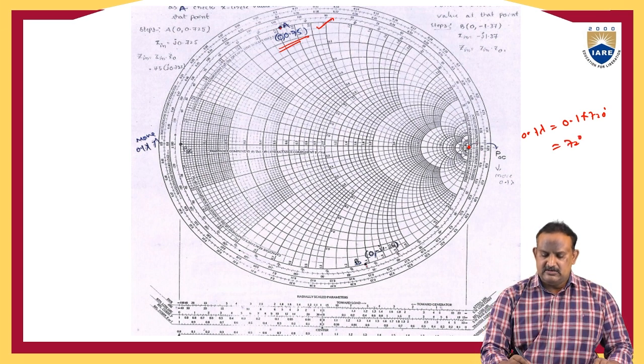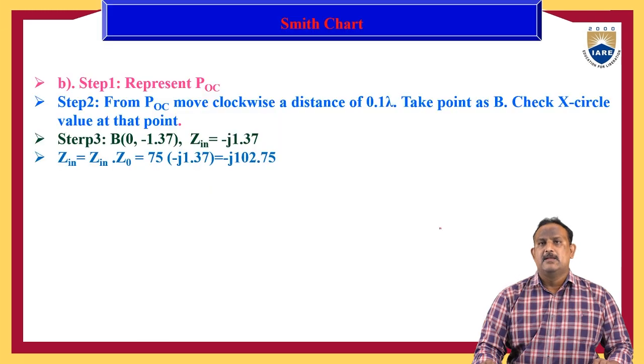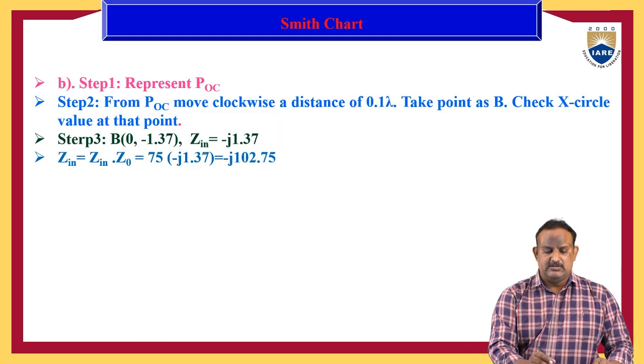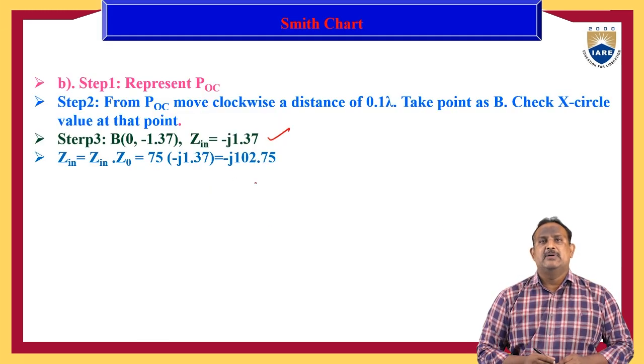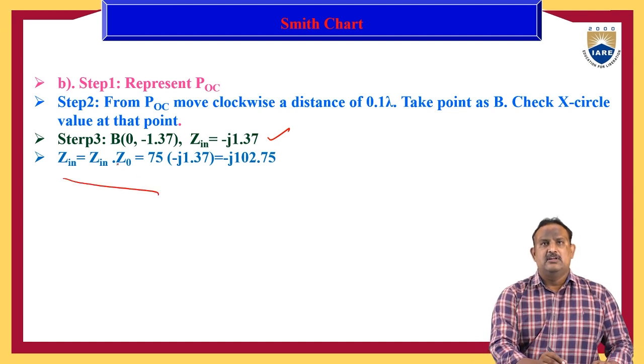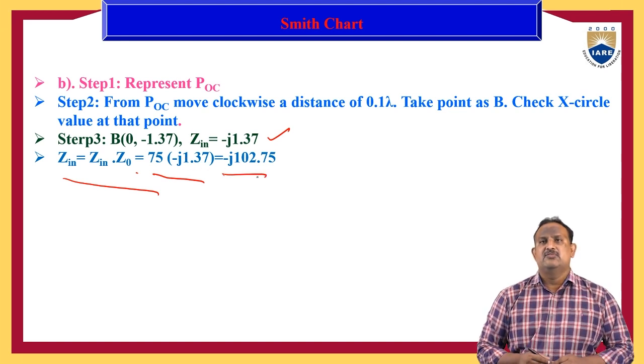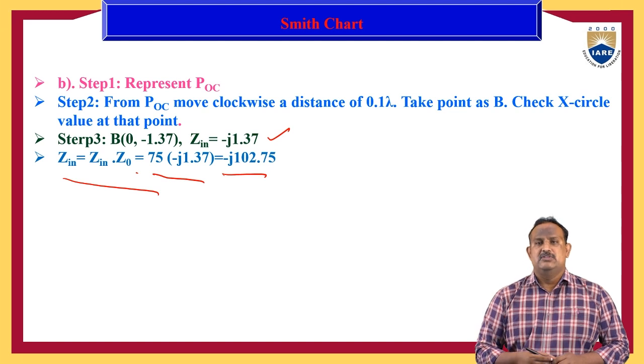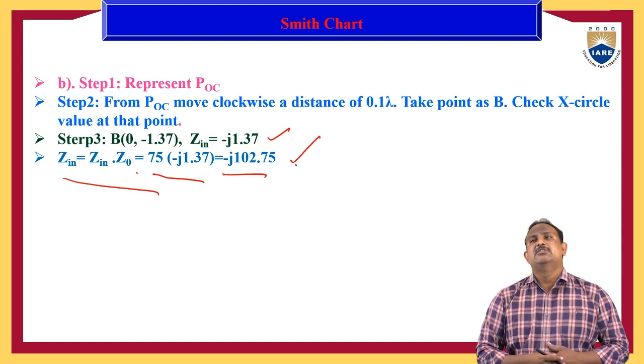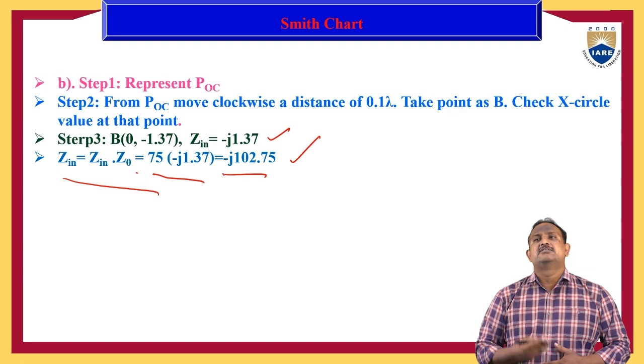Then we reach this point, which we call B. It is 0 minus j1.37. Therefore the input impedance equals normalized input impedance into Z0, which is 75 into minus j1.37, so minus j102.75 ohms. In this way, we can find the input impedance of an open circuited line and a short circuited line.